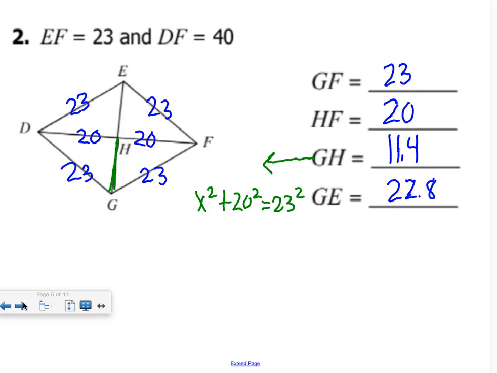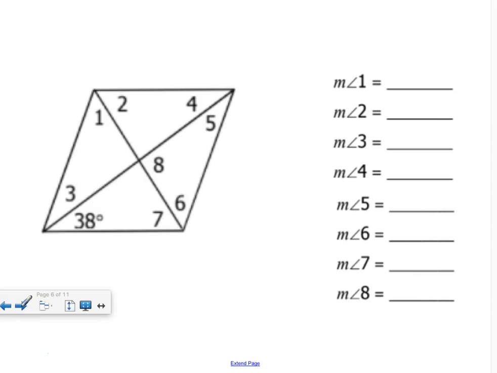Okay, let's try our hand at the angles. So when I do these, I just go around my picture first before I even try to fill in the blanks, okay? So what's the middle angle always? These middle angles are 90.